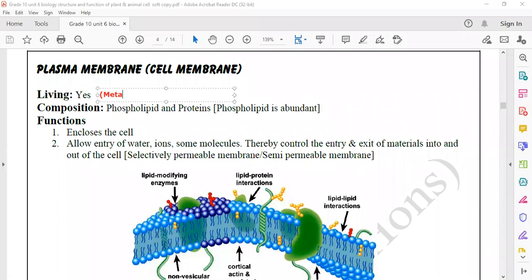Because metabolic reactions take place in it. If metabolic reactions are taking place in it, it will be called living.